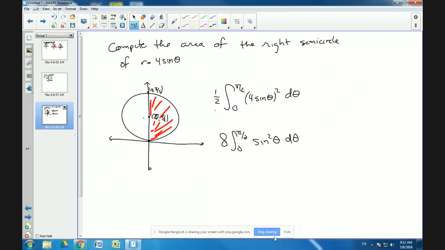Again, there's an identity we need to use here, because sine squared is not an integral that we have in our pocketbooks, right? So we'll use this identity.